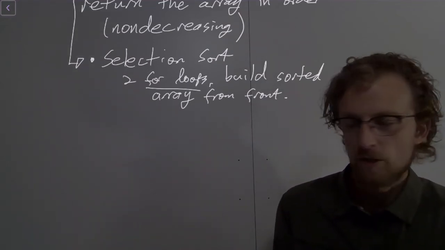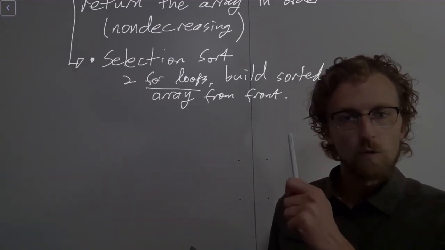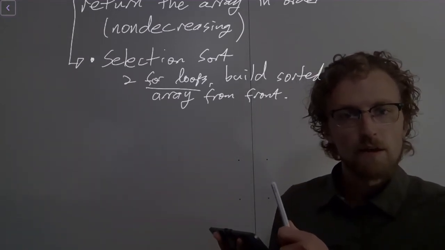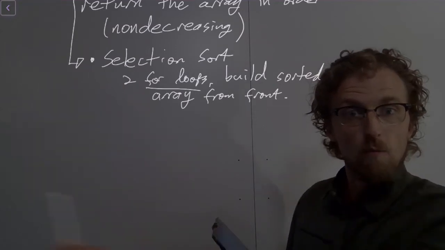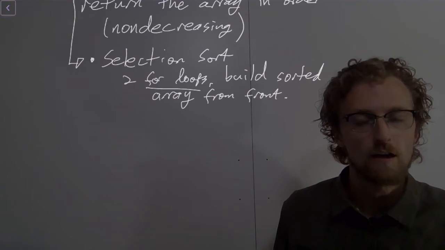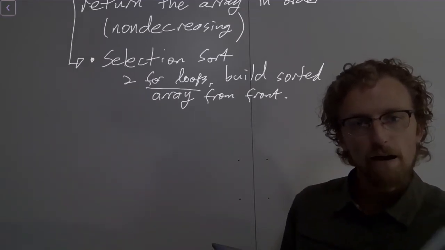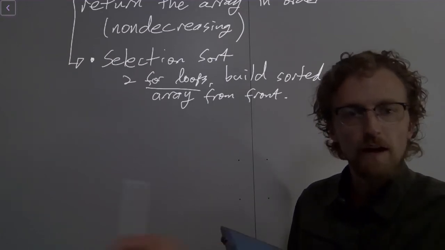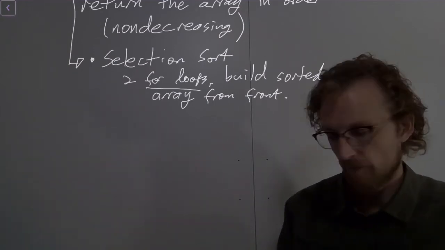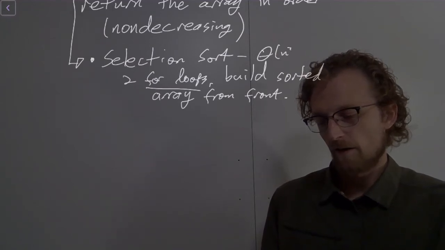The two for loops come from the fact that I have to say where I am, I have to be at each of the array indices throughout the progression of the algorithm. And then when I'm here, I have to walk down the array in front of me to find the thing that belongs where I am. So selection sort is an n-squared algorithm.